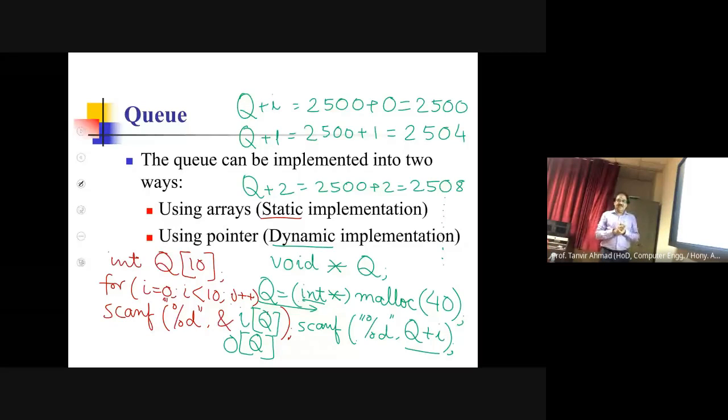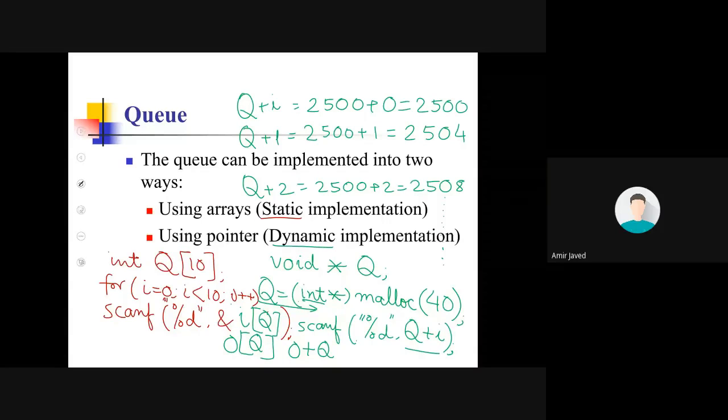Now, if I write like this, 0 of q, I already told you that here q is a pointer. Now, 0 of q will be interpreted as 0 plus q. Is there any difference between 0 plus q or q plus 0? No, sir.